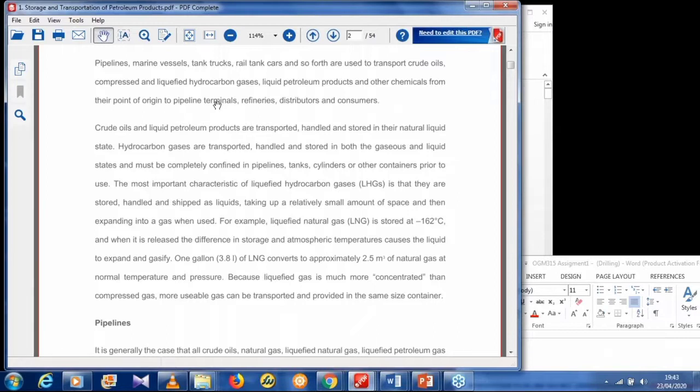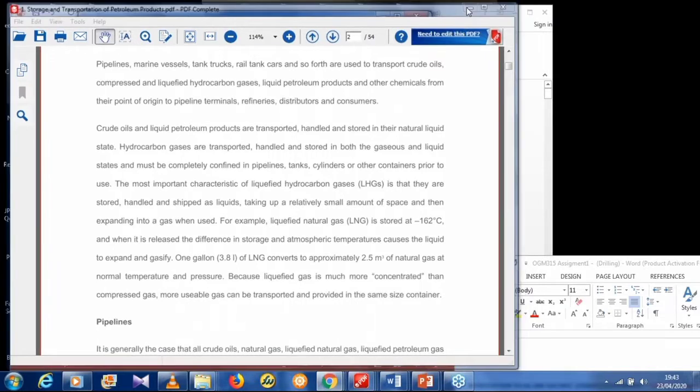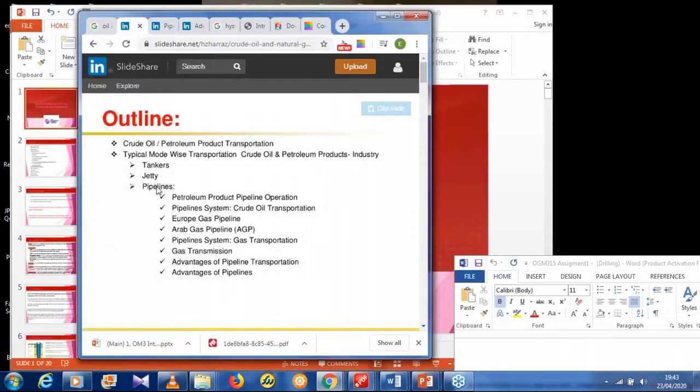Then we have these different means of transportation, which is tankers or pipelines and through jetty. Okay, for the pipeline, to have the petroleum product pipeline operation, we have the pipeline system, that's the crude oil transportation. Then we have different other lines as the case may be. Right?